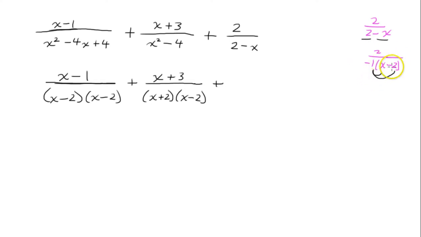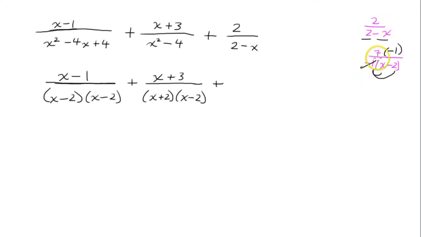So that gives us a factor of x minus 2, and that's good because it matches some of these other factors. But what about this negative 1 hanging out down here? Well, with a fraction, you can put the negative 1 in the numerator or the denominator. I'm going to put that negative 1 up there because it's the same. Remember, negative divided by a positive is the same as a positive divided by a negative.